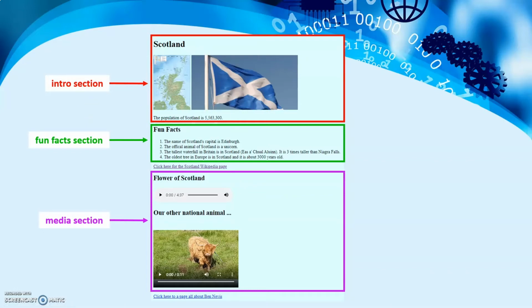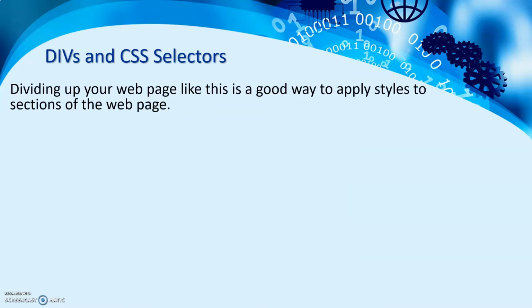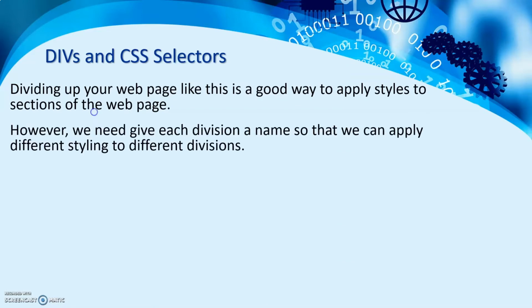So it'd be this top part, this middle part, and the bottom part. I haven't got my hyperlinks inside a div, so I've not outlined them for you. So dividing your page up like this is a good way to be able to apply styles to sections of your web page. However, we need to give each of these divisions a name so that we can apply different styling to different divisions.